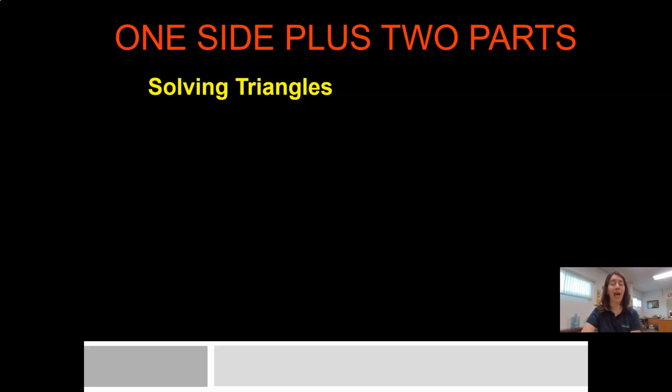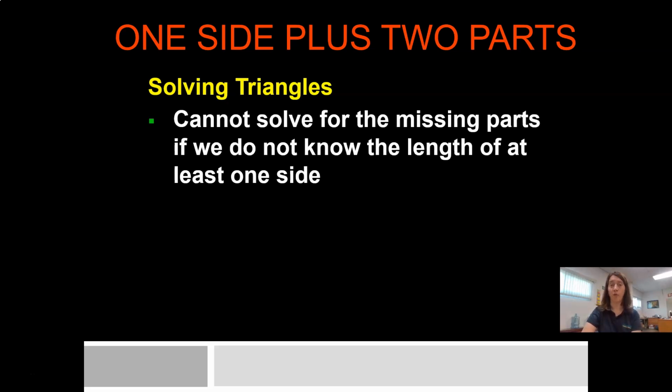So I have to have at least one side length if I'm going to correctly solve for any of the missing parts. If I do not have one side length, there's nothing that I can do. Why is that the case? Why do I have to have one side and not just all of the angles? Remember in geometry when we talked about SAS and SSS and those different abbreviations about triangle congruence, we never had one that was called AAA.